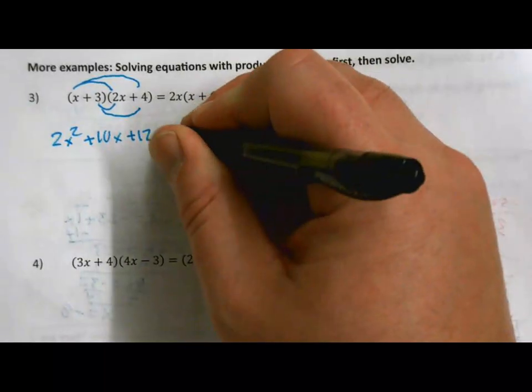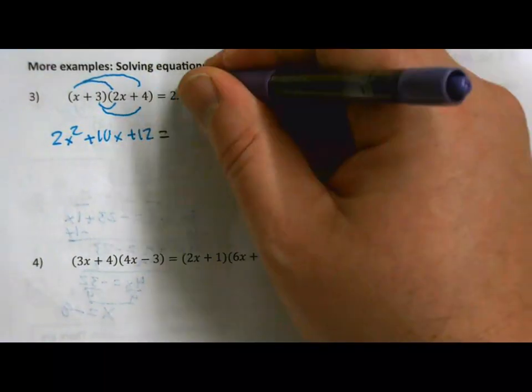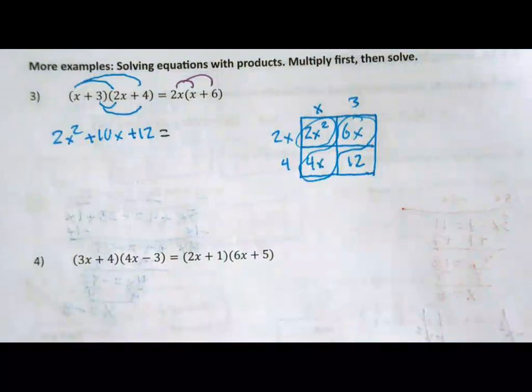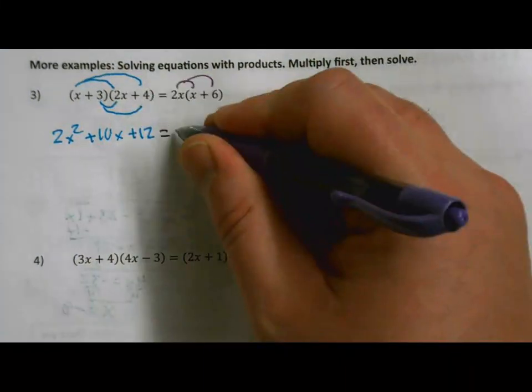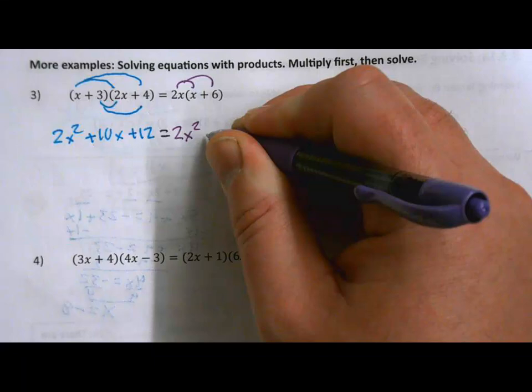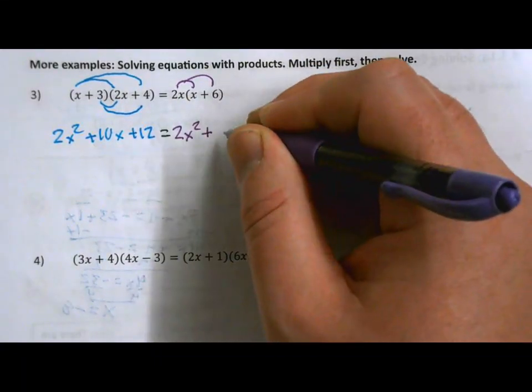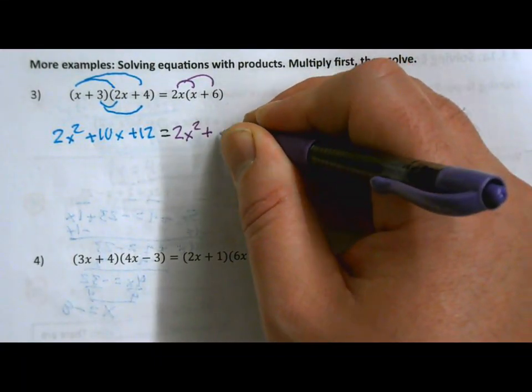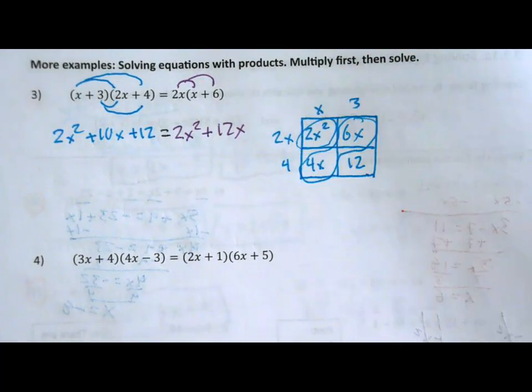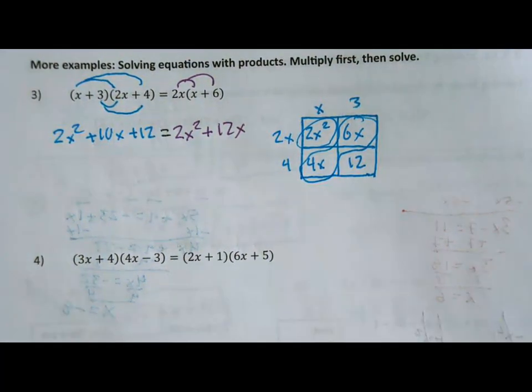Equals, over here I'm just going to use distribution. 2x squared plus 2x times 6 is 12x. Right. A couple people still finishing up. Please check yours against mine.